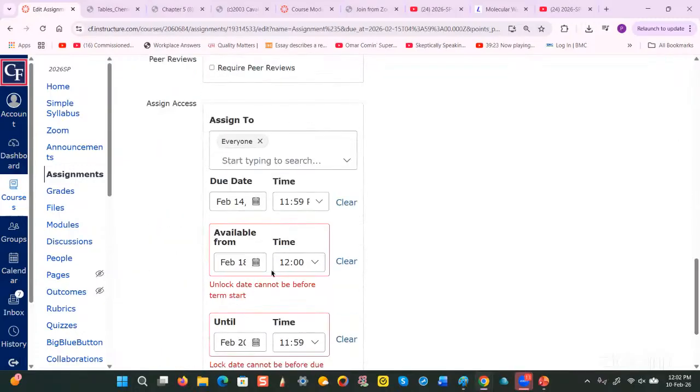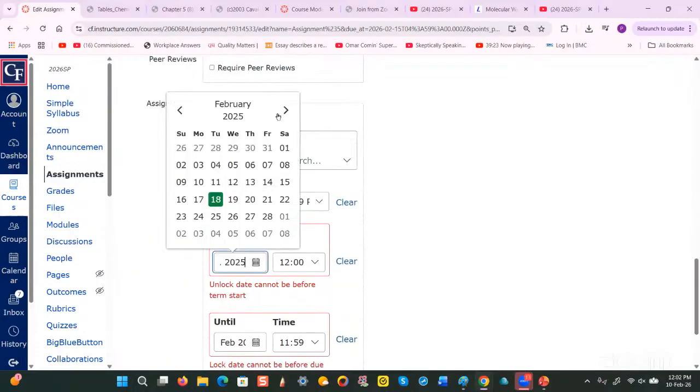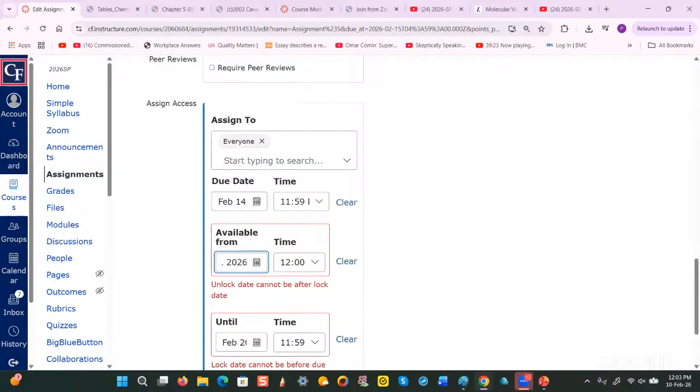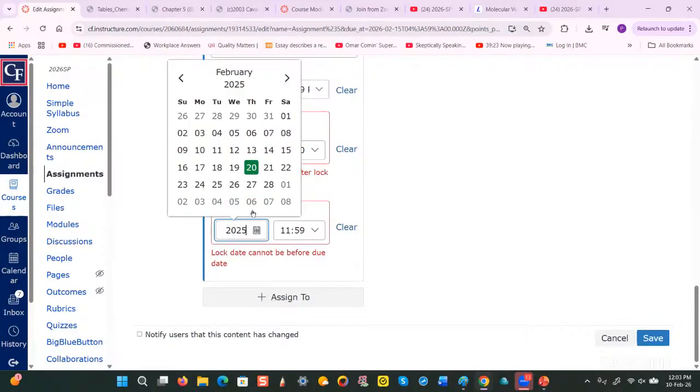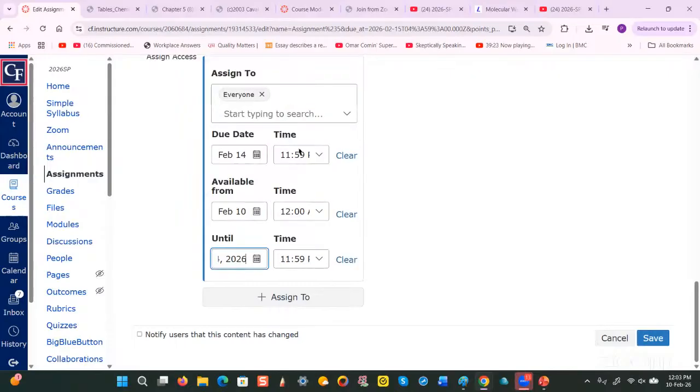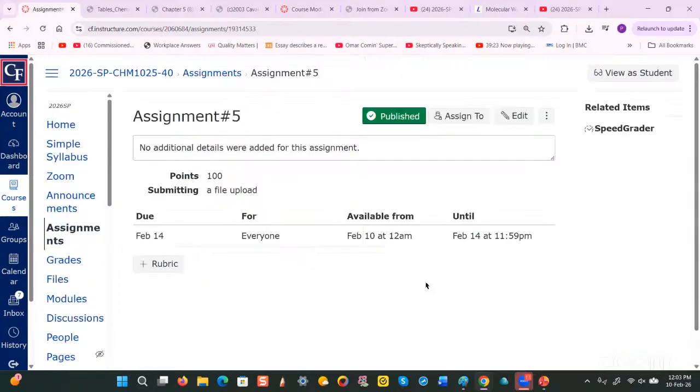Being generous. So now you should be able to submit your assignment number 5 in that Dropbox. If you have any problems between now and then, please feel free to call me.